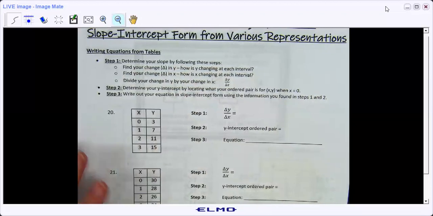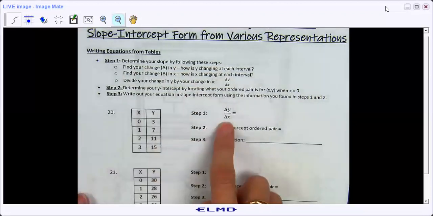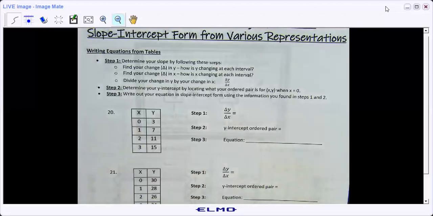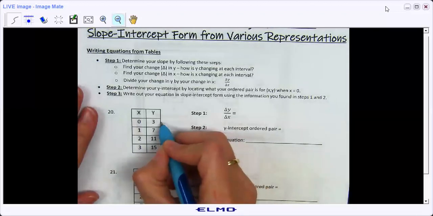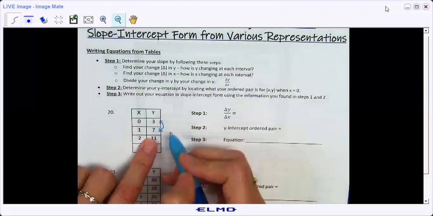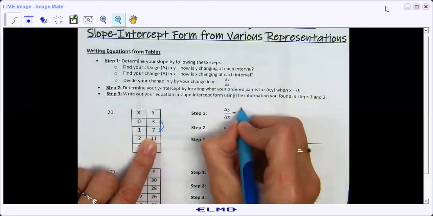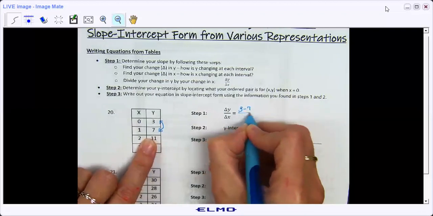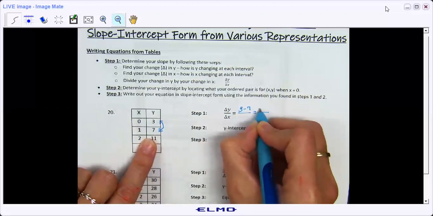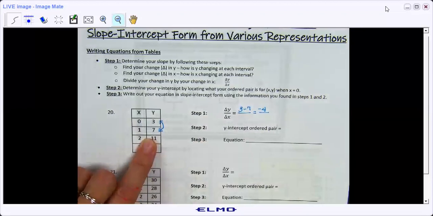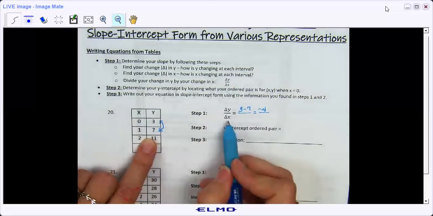So let's just do that on the first one, 20. Let's figure out our slope. What you're doing here is you're trying to find out what is the difference between here and here. Well, I have 3 minus 7, and the difference is a -4. Then you want to find your change in x.